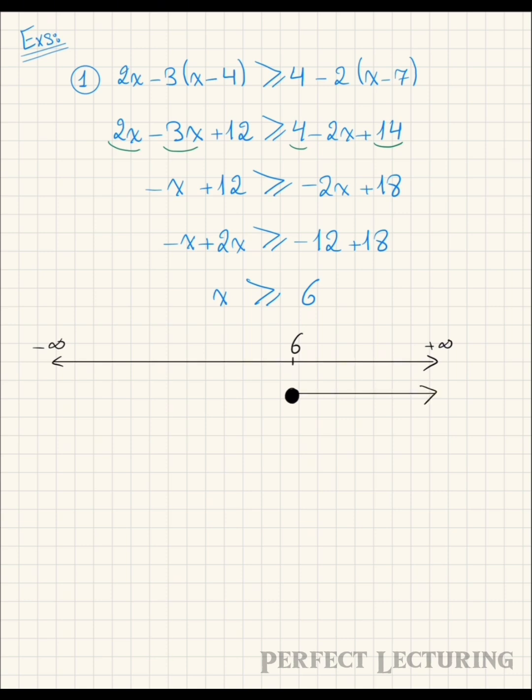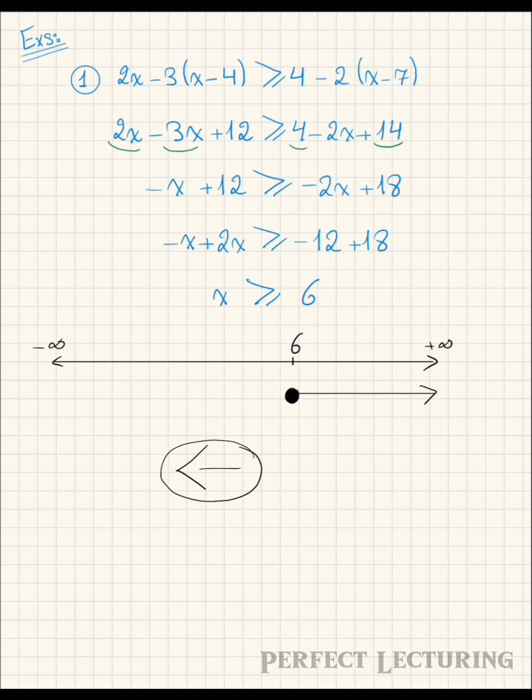Now some students might get confused here with the direction of the arrow. There is a little trick which might help them. If you have a greater sign, as in our example here, we can draw a little dash, and as you can see, we get an arrow pointing to the right. Similarly, if you have a less than sign, and you add a little dash like that, you will end up with an arrow pointing to the left.